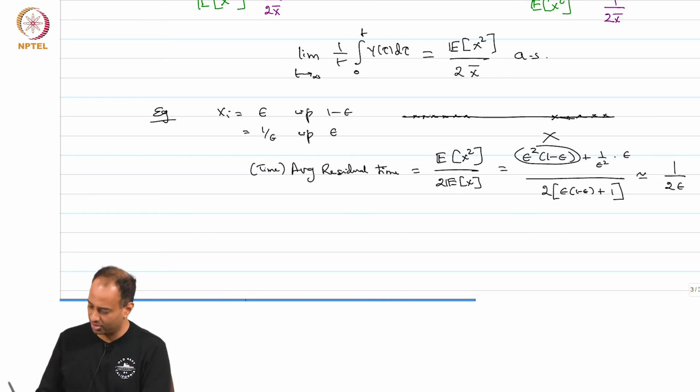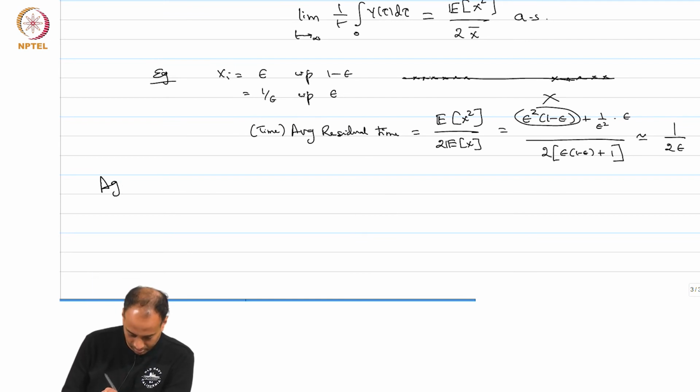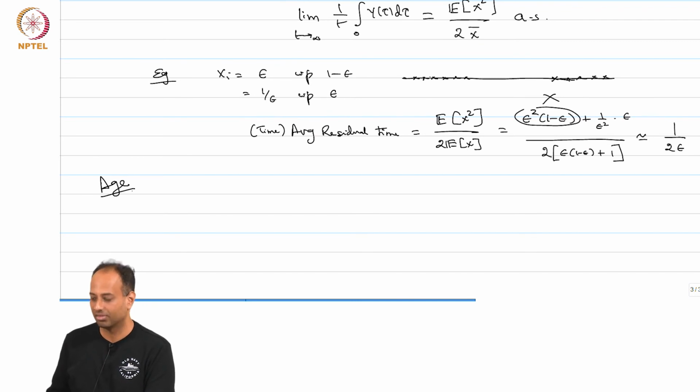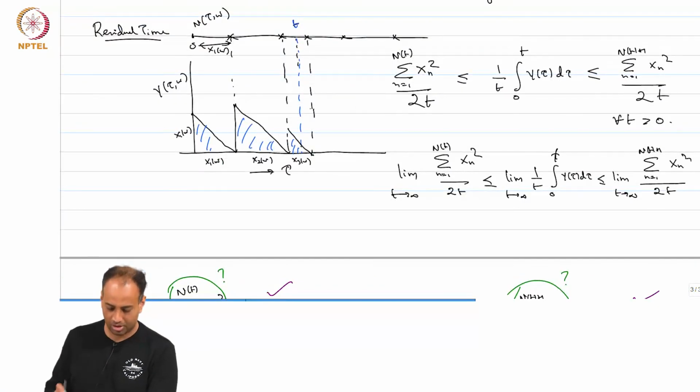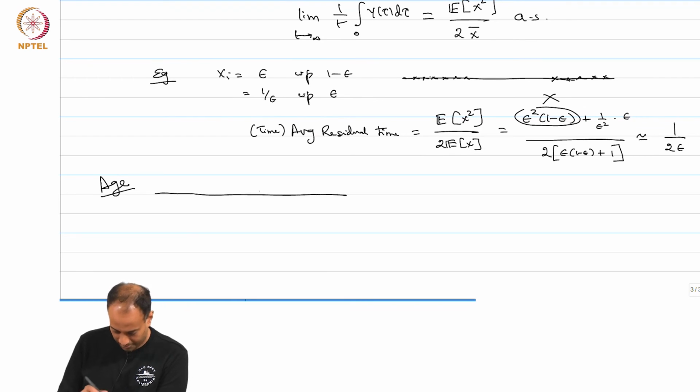Likewise, you can also do age. What will the plot of age be like? We had a plot of this sort for residual life. Age will look like, if this is your renewal process, it will look like that.